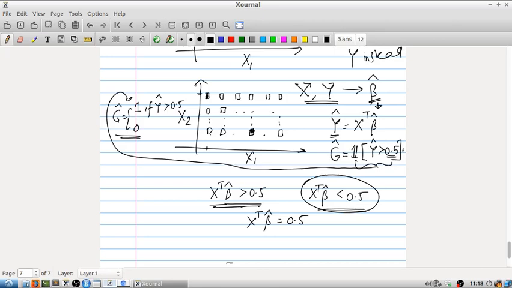So the place where I transition from orange to blue is exactly this critical boundary. Slightly below that is orange, and slightly above that is blue. That's how you get the decision boundary, and you can see that this is a linear function in X.